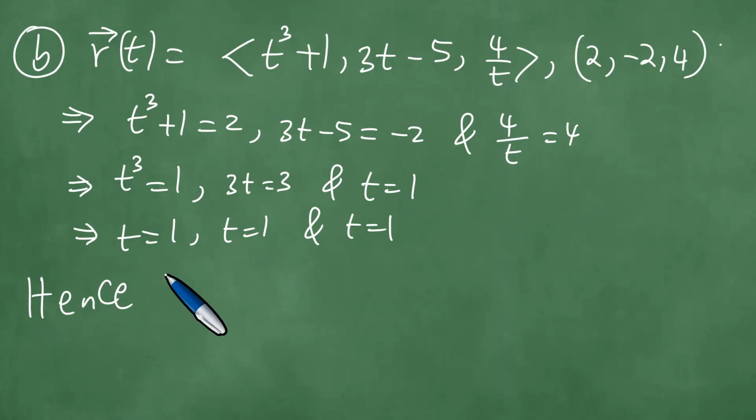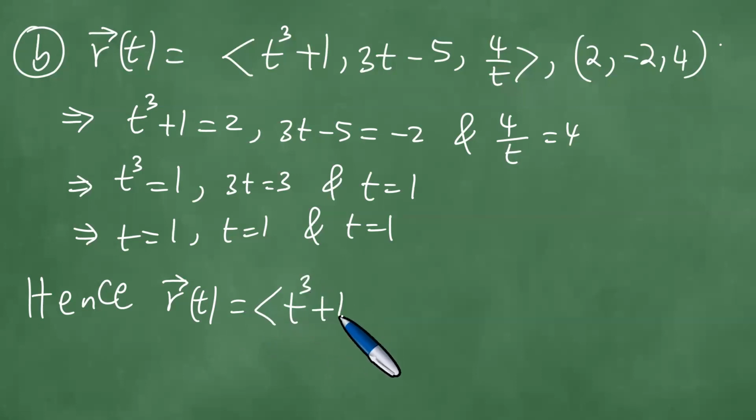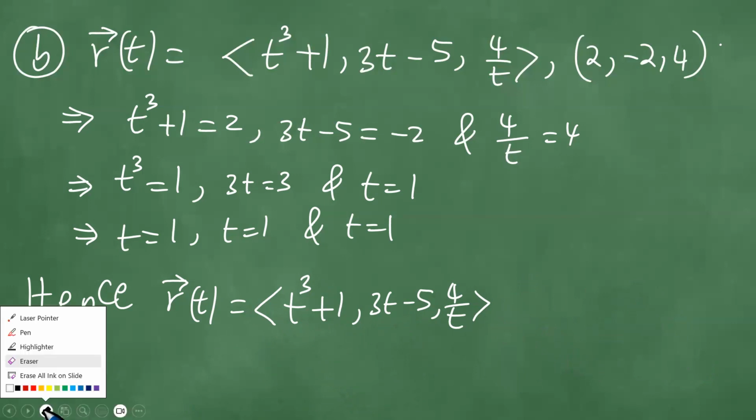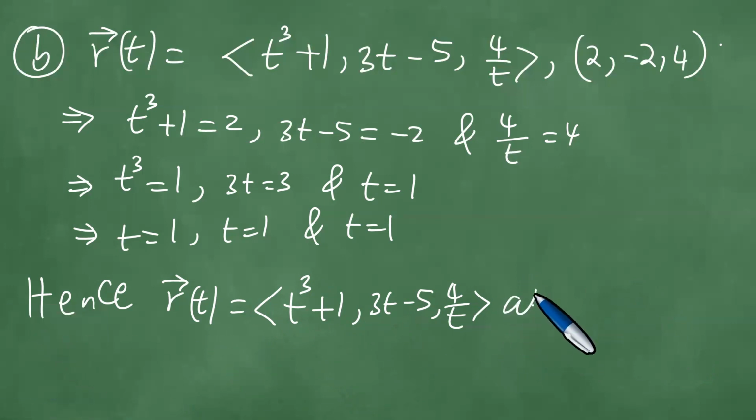All right, now we're able to write a conclusion. Hence, the vector r of t, having t cubed plus 1, 3t minus 5, and 4 over t at the point 2, minus 2, 4, can be seen as the vector defined at t equals 1.